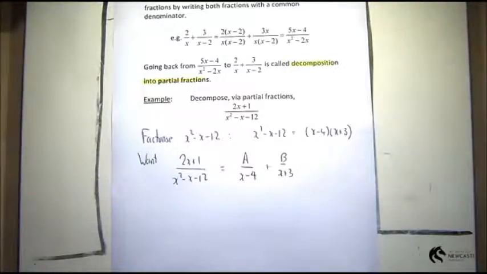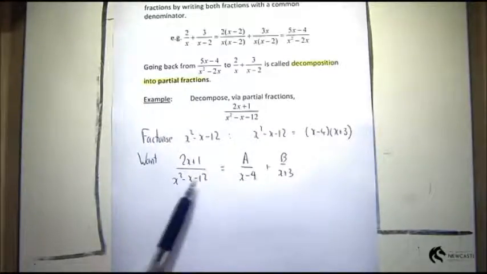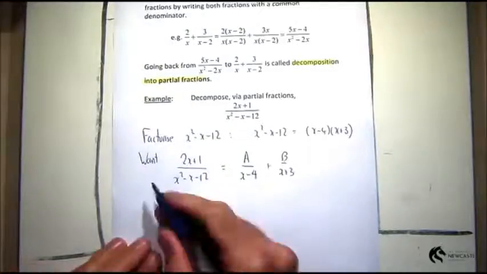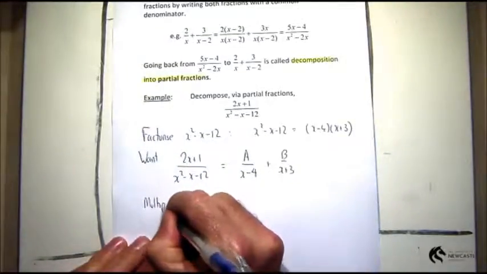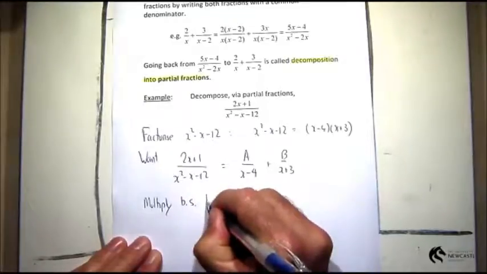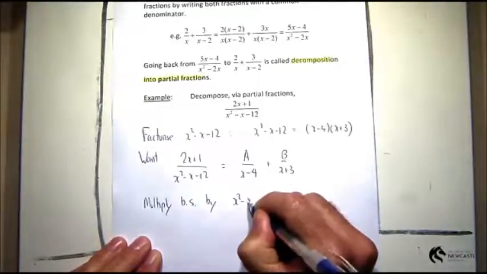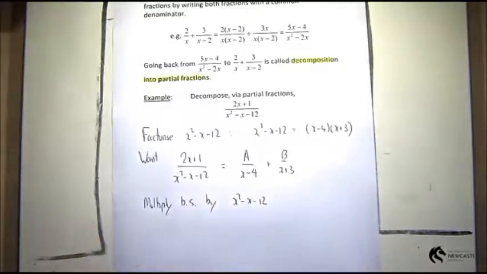And to do that, begin by multiplying both sides by the denominator here. So multiply both sides by x squared minus x minus 12. I'm going to put in some extra steps here. You don't have to do these; if you want to skip them, by all means do so.